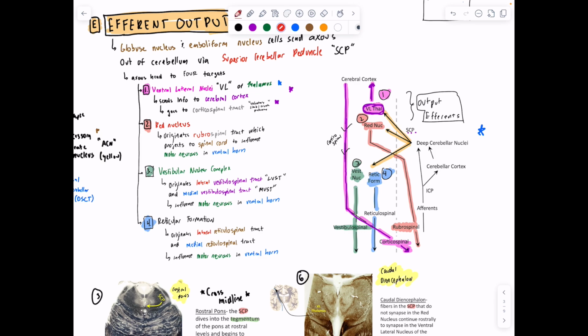All right, then the second target is the red nucleus. So through the superior cerebellar peduncle to the red nucleus, this is going to give us the rubrospinal tract, which is located right here. It's going to go contralateral back to the original side of the afferents. Notice how these corticospinal and rubrospinal tracts are on the original side of the afferents, and rubrospinal is going to influence just motor neurons in the ventral horn, so like muscle tone, etc. And then the vestibular nuclear complex is our next target.